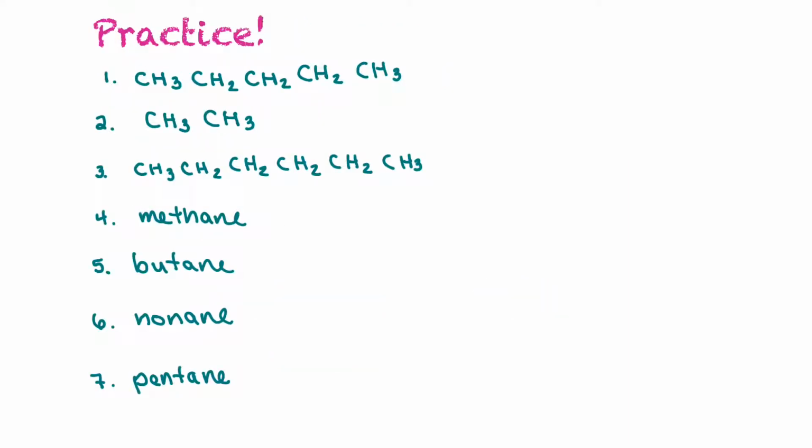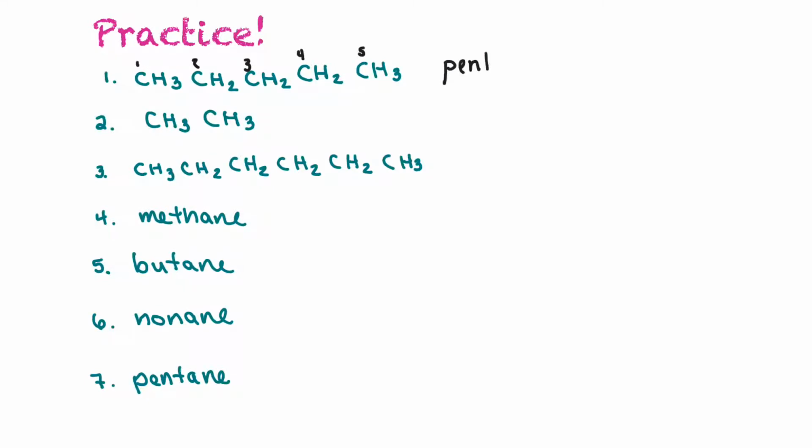So let's do some practice now. So I've recorded 7 different examples. Some of them we'll have to draw, some of them we'll have to name. So number 1, we count the number of carbons. So there's 1, 2, 3, 4, 5. The prefix for 5 is pent.